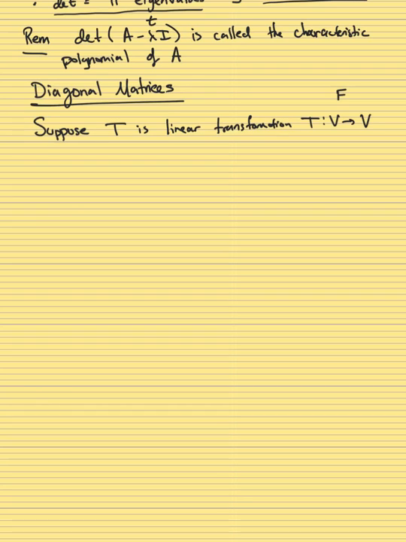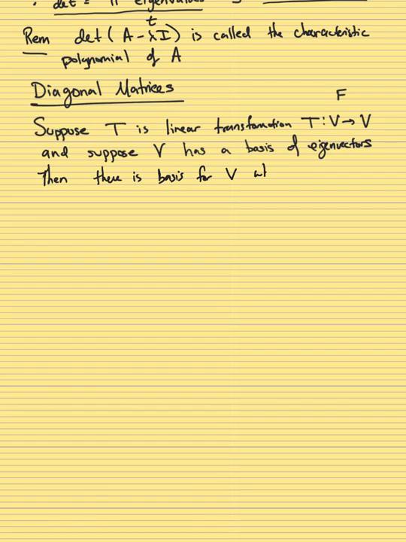Okay? And suppose V has a basis of eigenvectors. They might have the same value, this is okay. Well then, certainly there is a basis for V, namely the basis of eigenvectors, where T is represented by a diagonal matrix.